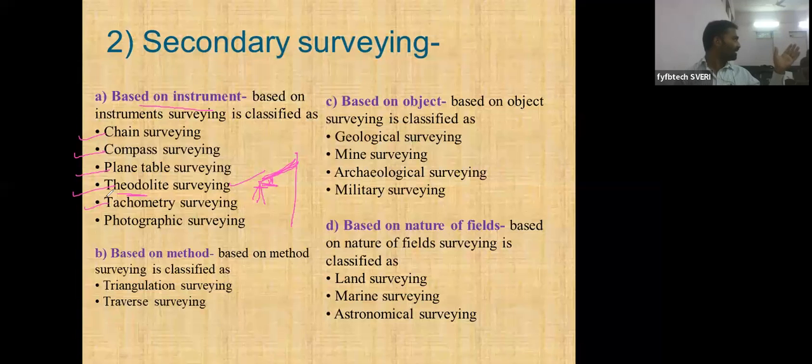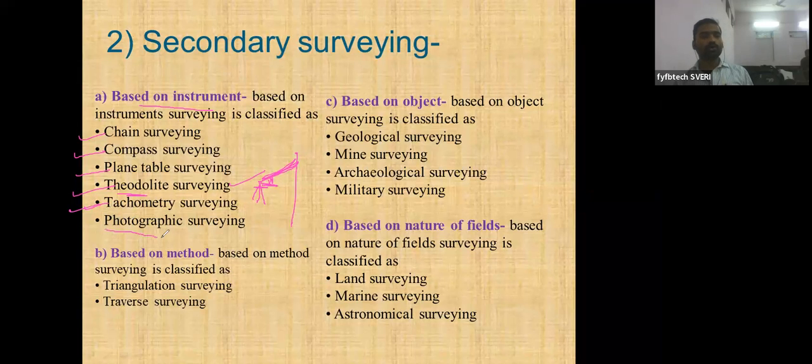Angles, directions. It means angular measurements only. Then from plane table surveying, you can measure only linear measurements. Then theodolite surveying, you can measure angular measurements. Then tachymetric surveying, you can measure both linear and angular measurements.